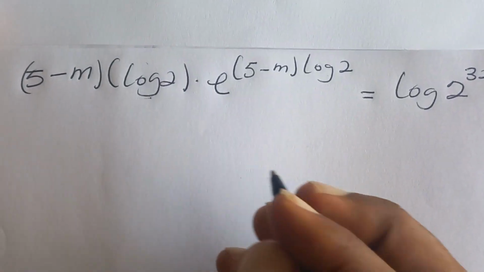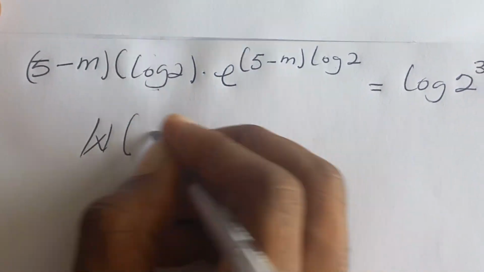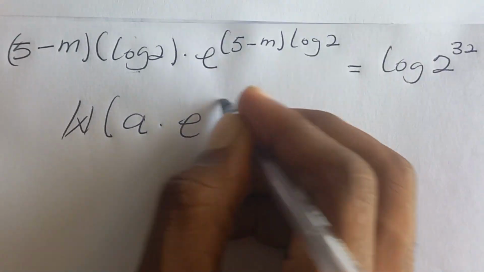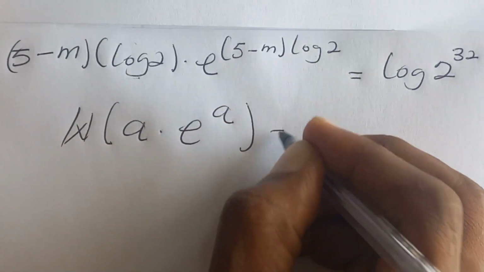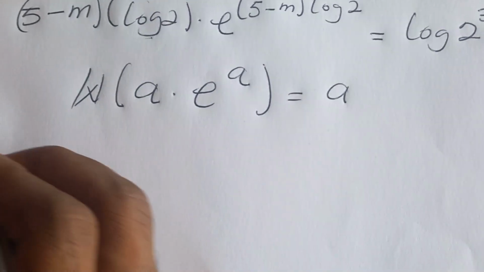Okay, so applying the Lambert W function, we say that W bracket A multiplied by e exponent A is equal to A. Okay, so let us apply this here.